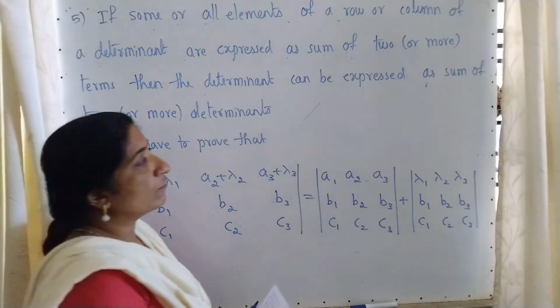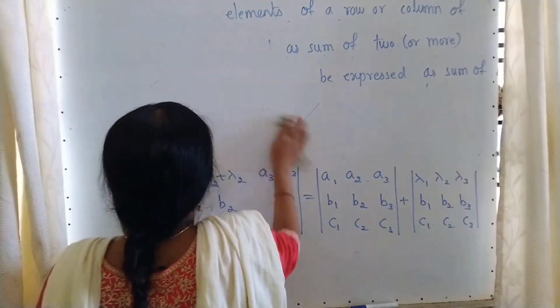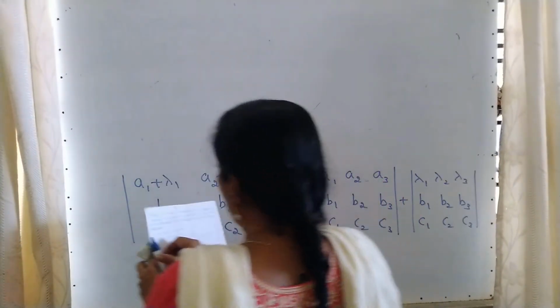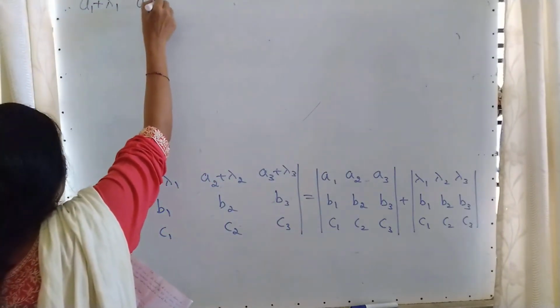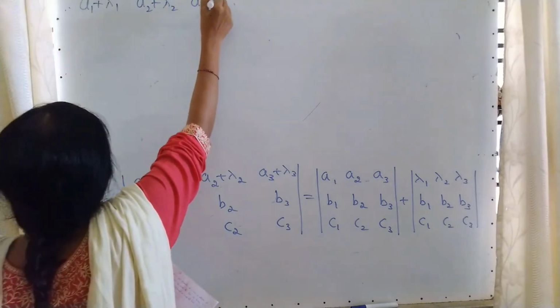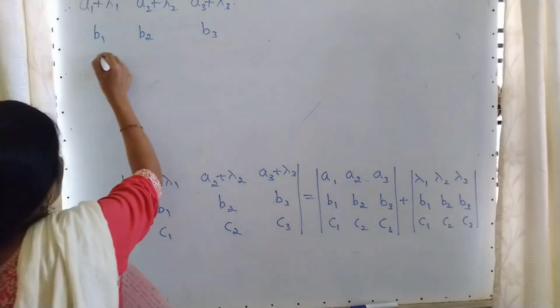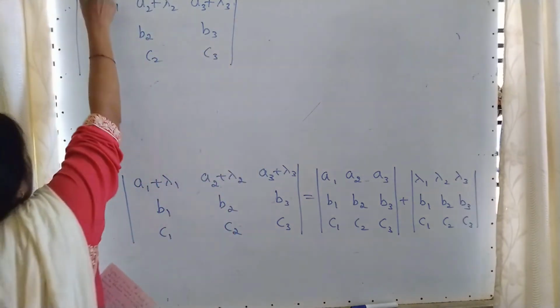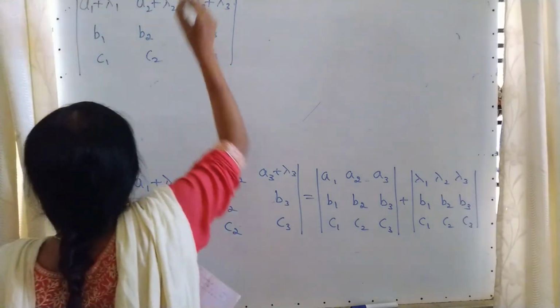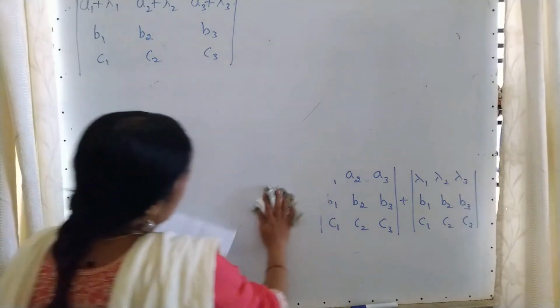Now I will give you the verification for this. Write down the left side, that is A1 plus lambda 1, A2 plus lambda 2, A3 plus lambda 3. This is B1, B2, B3, C1, C2, C3. Now expand this. This is as it is, plus minus plus, and I told you to keep a pencil with you, so by pencil mark that for your reference.